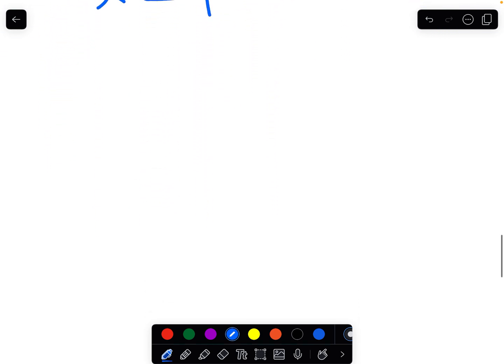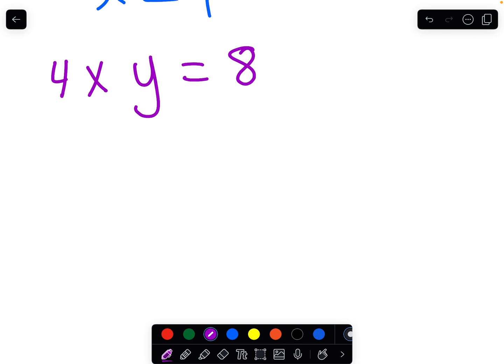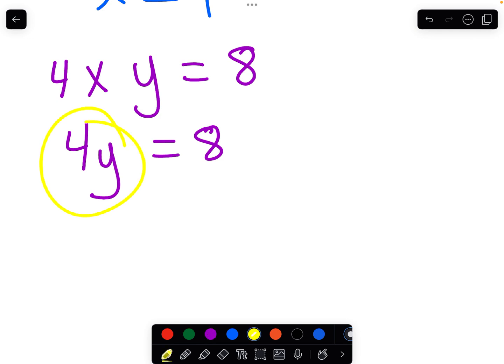Now, really quick, before we end this video, I want to tell you about different ways that we express multiplication in an equation. We can say 4 times y equals 8. But it's better to say 4y equals 8. It's easier to understand that that means 4 times y.